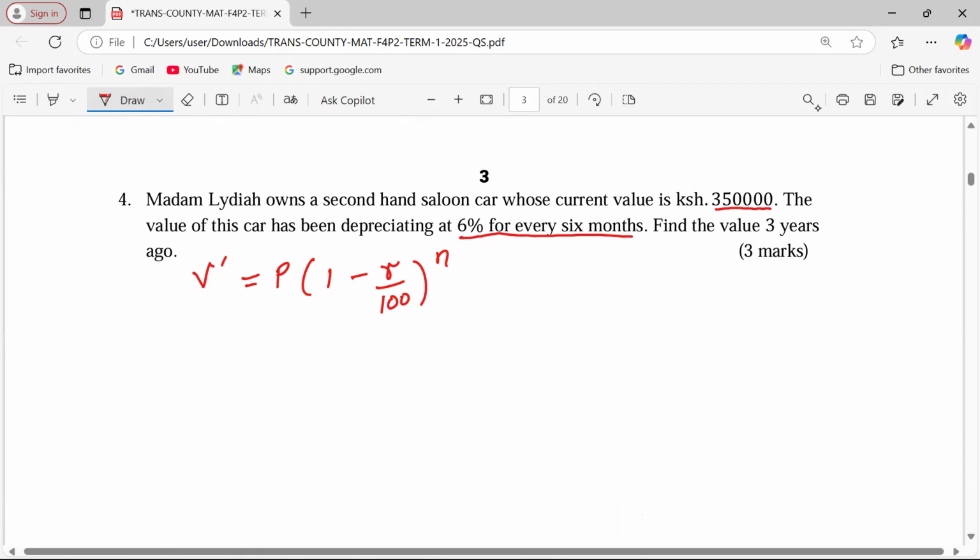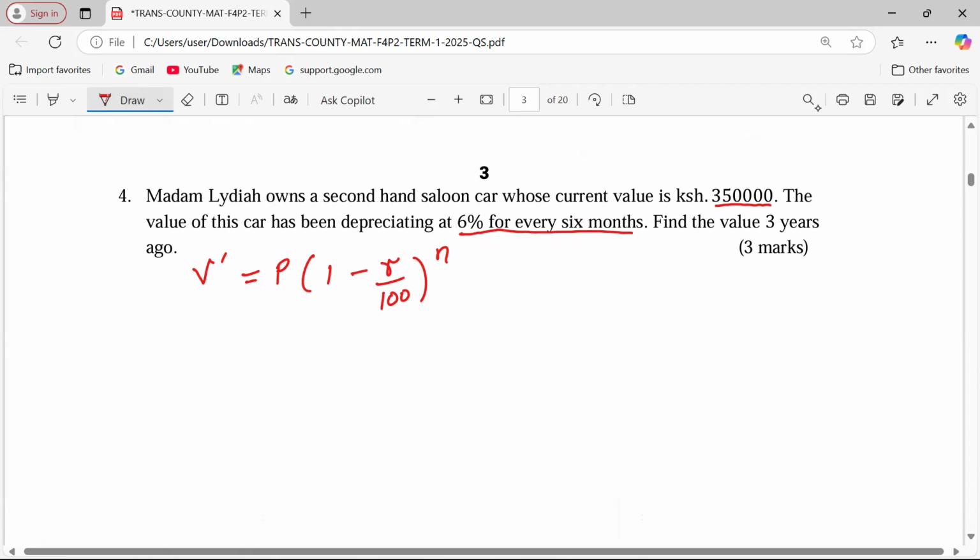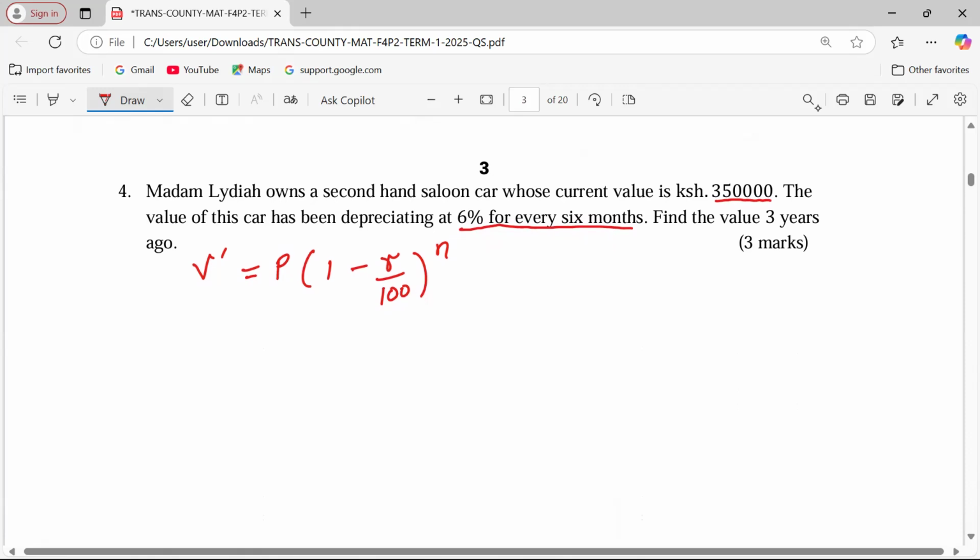So when we substitute into this formula, we'll be able to get what we are not having. Find the value 3 years ago. So the value we are having now is 350,000.